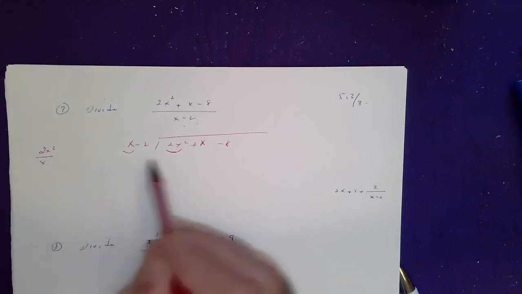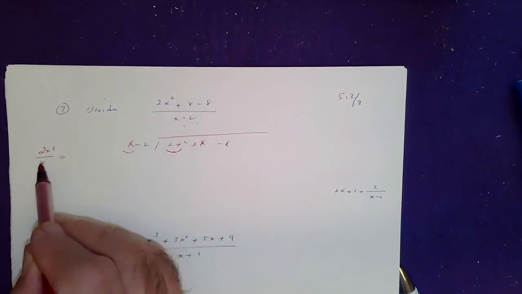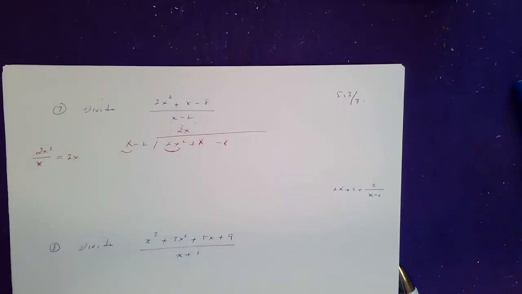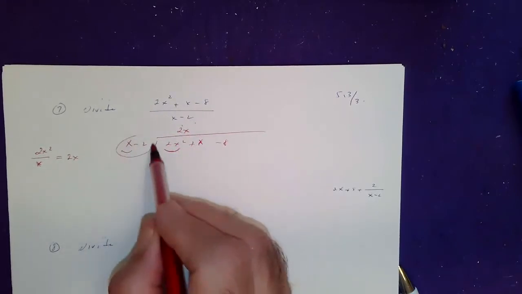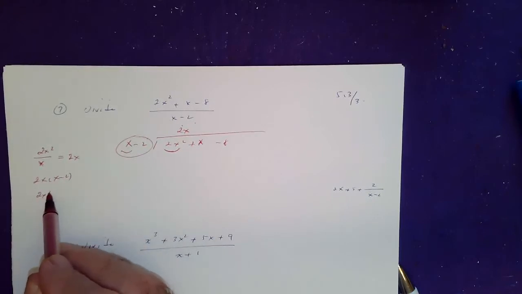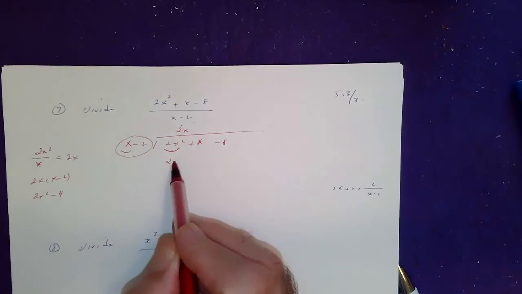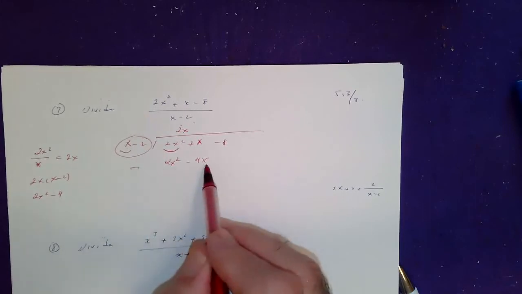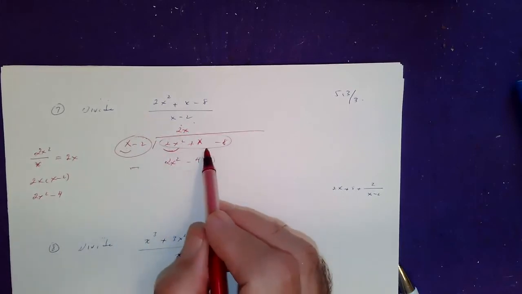In other words, on the side of your notes, divide 2x squared by x, so that gives you 2x, and that goes in your quotient. Multiply that 2x by the entire divisor, and that gives you 2x squared minus 4x, and your answer sits right there in your remainder. Remember, we're supposed to subtract this binomial from this trinomial.